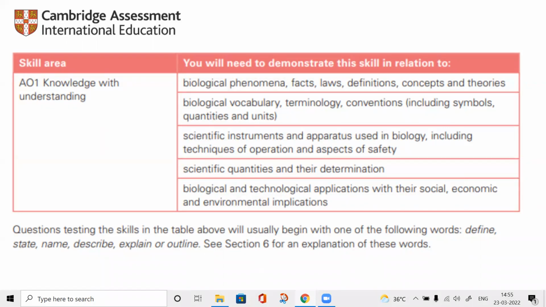So command words actually help you to narrow down that I know a lot about this topic, but I only need to write this much, whatever is asked. So command words will set the expectation of your answer. Yes, Muskan, I agree. With the help of command words, you can get an idea how much detail to add in the answer and how much not to.